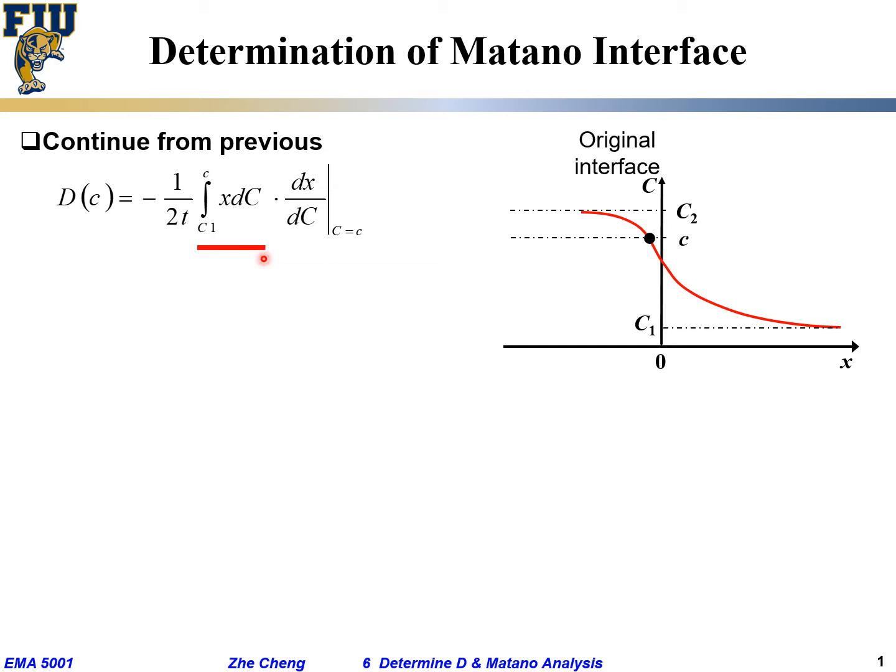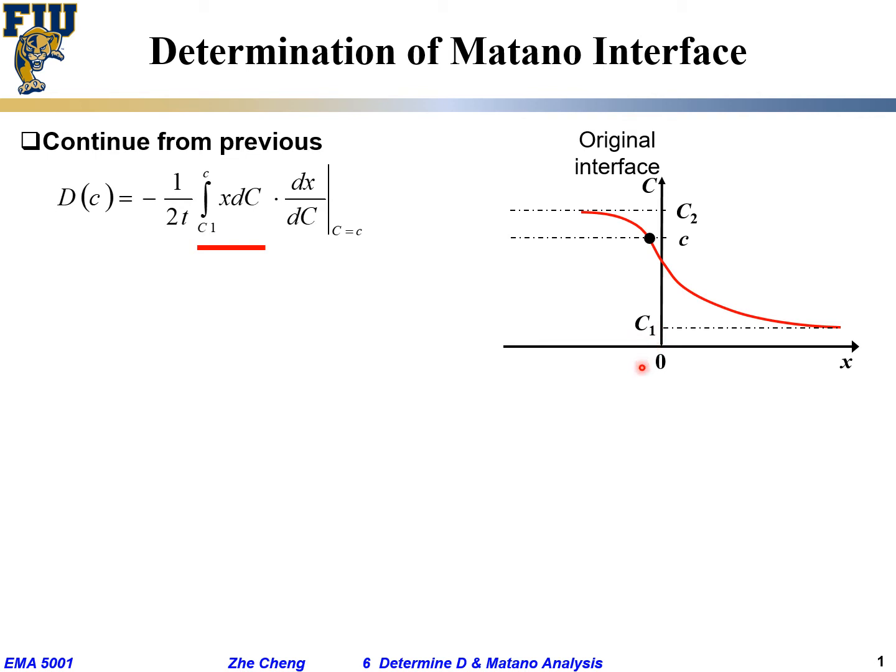Let's focus on this term. Integration x times dc from C1 to C. If you're going to do this integration, how are you going to do it? Well, it's x, right?